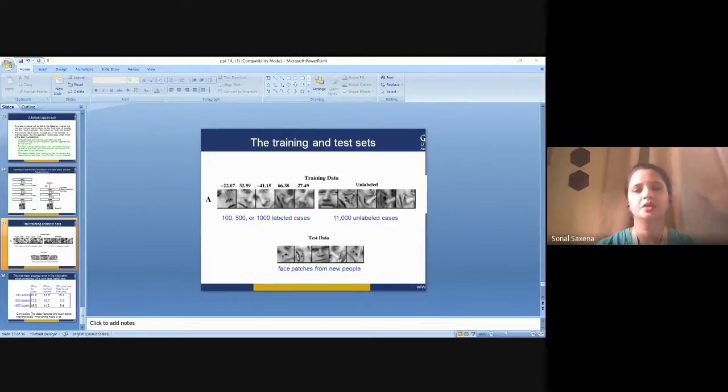So now let me quickly share with all of you the MCQs for today. These are the MCQs for today. Which of the following is the correct use of cross validation?